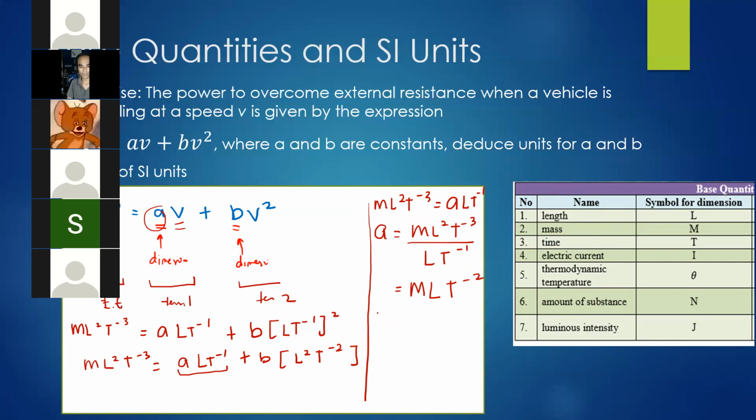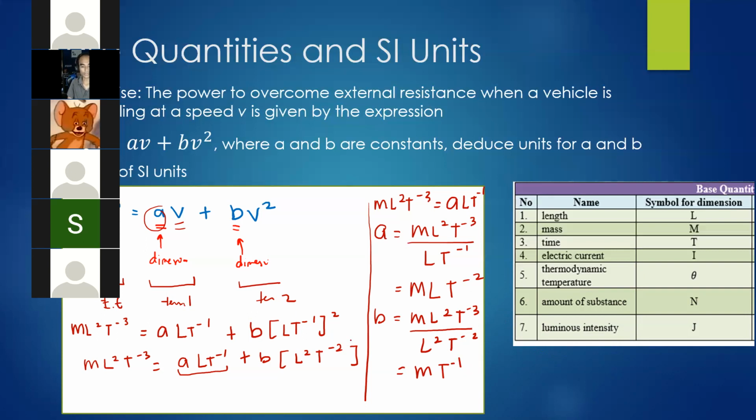Now B. B will be M L squared T negative 3 divided by L squared T negative 2. So B will be M T negative 1.